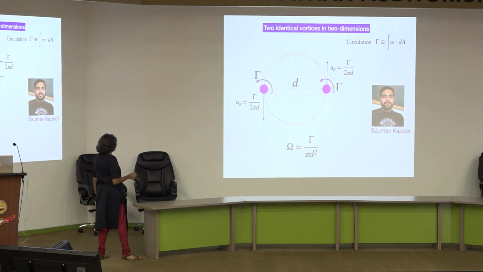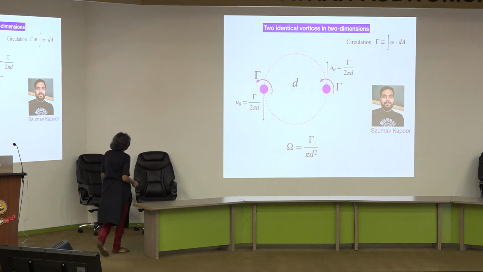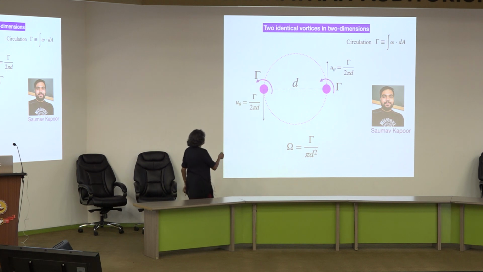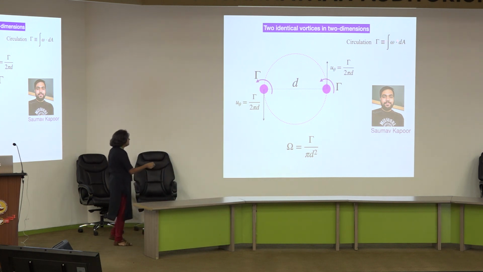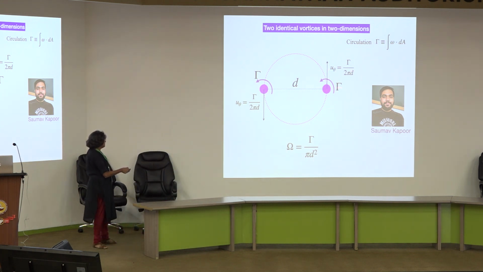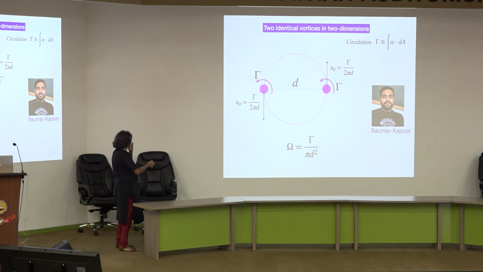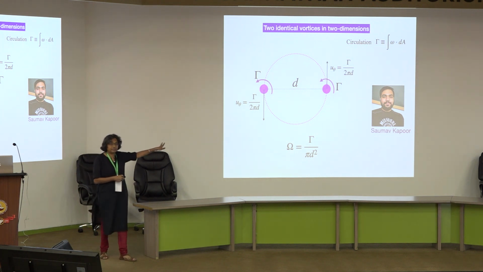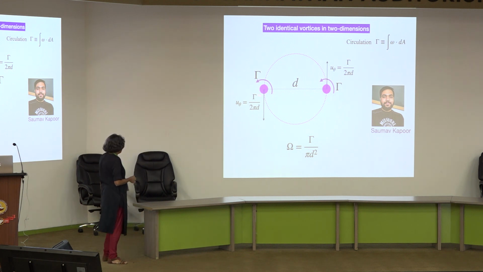We start with two identical vortices in two dimensions. They have a circulation gamma, where gamma is just the integral of the vorticity across this area. You can think of them as two concentrated, endless rods of vorticity, and we are going to put the vortices in an inviscid setup to make our life easy.